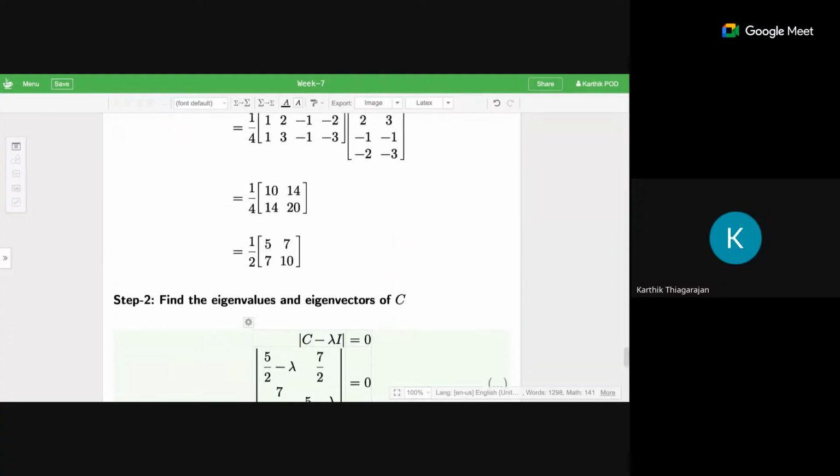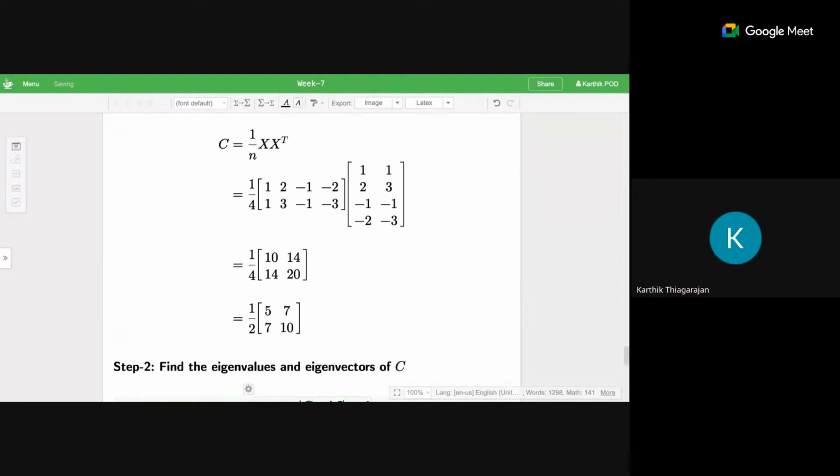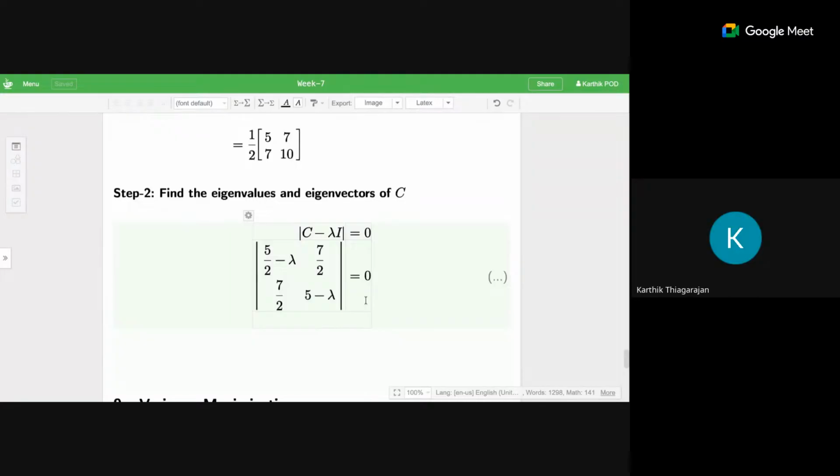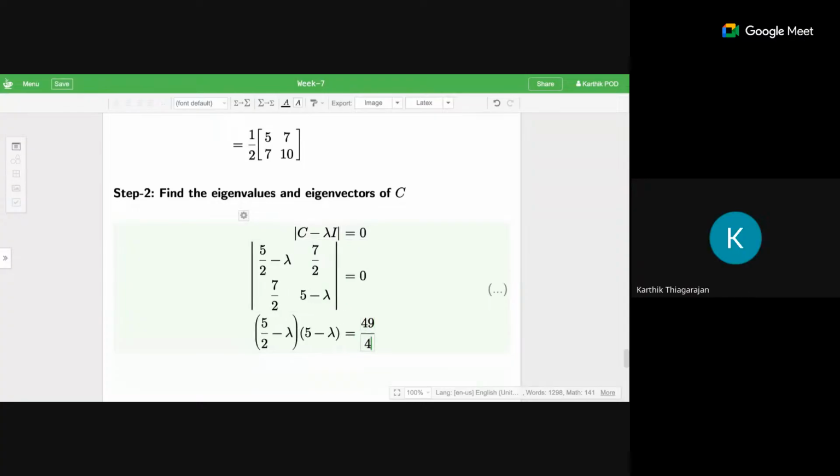Correct only, no? Can someone verify? It's correct. Yes. So then what we do, we just multiply. So 5 by 2 minus lambda and 5 minus lambda equal to 49 by 4.